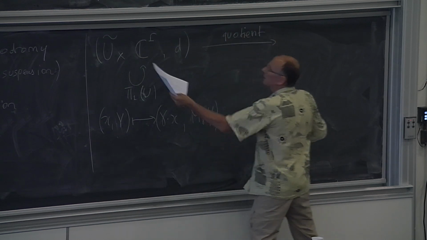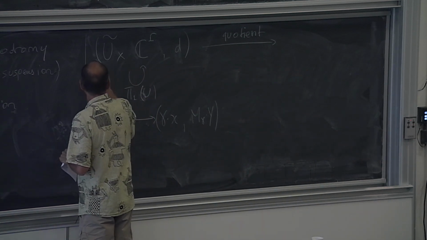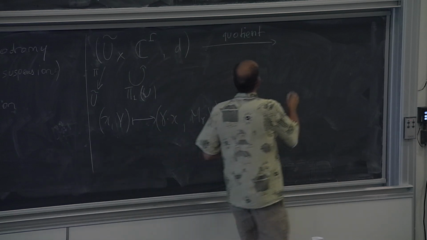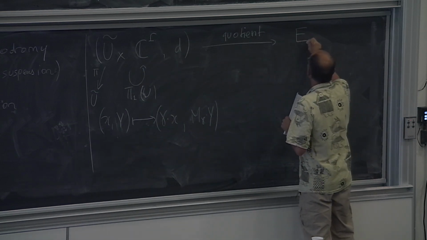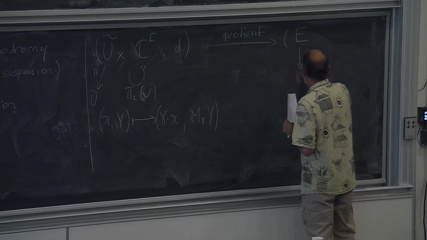And the quotient is equipped with the projection on ũ, which gives you the fiber bundle with the projection on U, sorry.